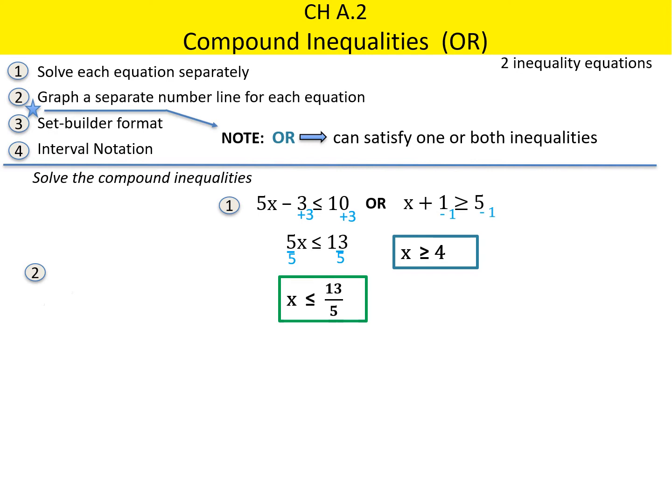So for the first equation, we draw the base number line, and we're going to label it 1, 2, and 3. Now, we have 13 over 5, which is 2 3/5. So we're going to find that point on the line, and we're going to go ahead and show all the x values that are less than or equal to this.